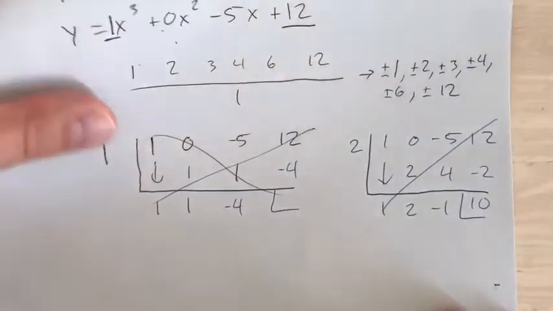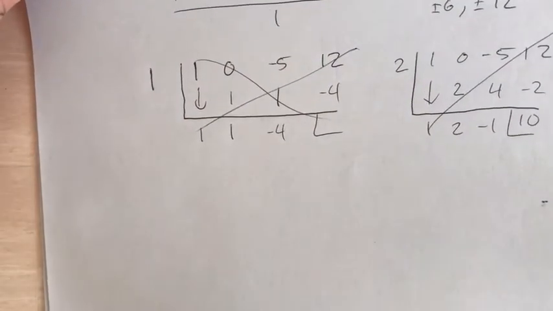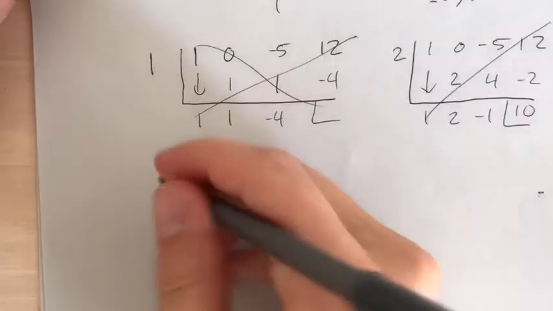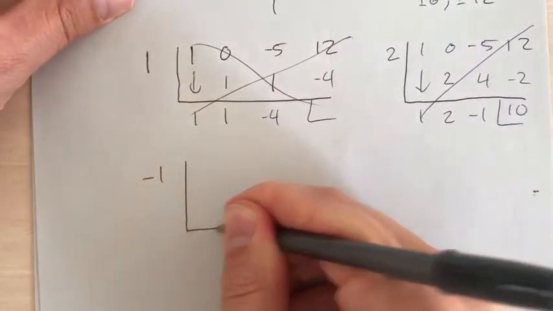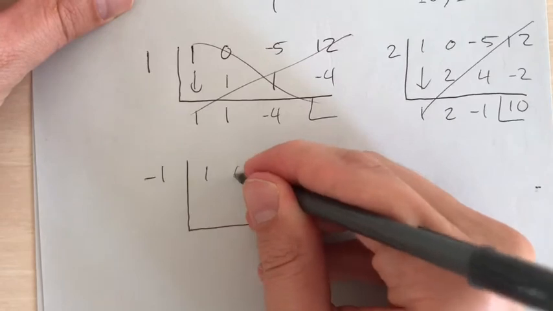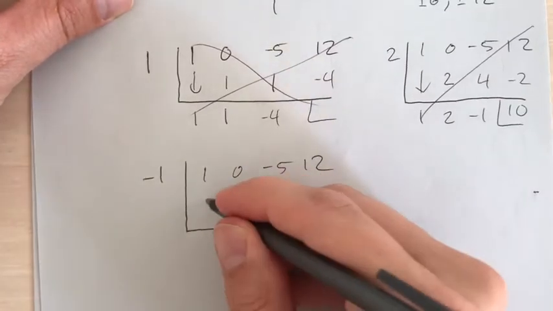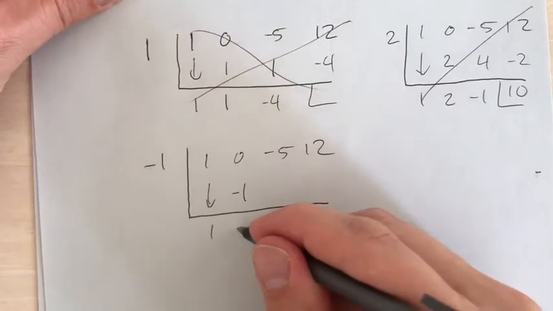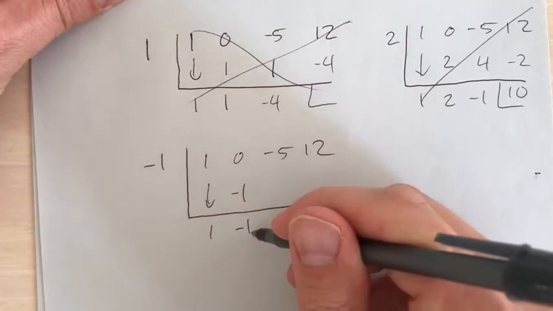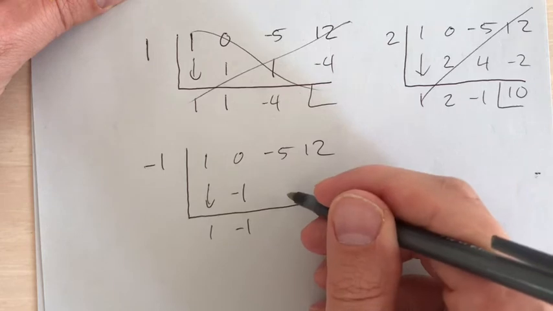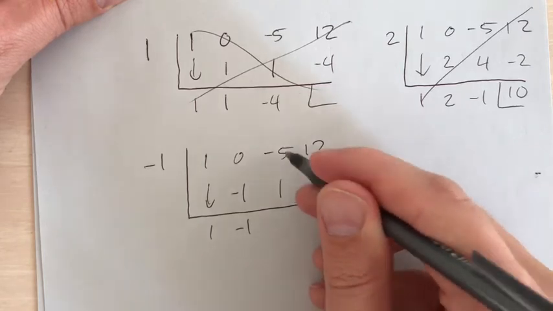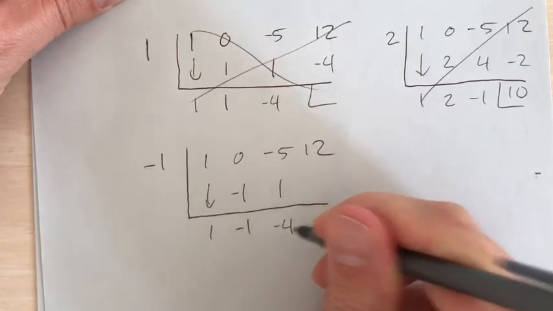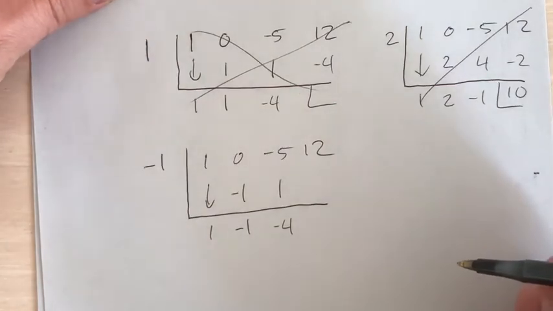All right, so let's try negative 1. I haven't tried that one yet. 1, 0, negative 5, 12. Drop that down, we get a 1. We get a negative 1 this time. 0 and that make negative 1. Negative 1 times negative 1 is 1, and that makes negative 4. That doesn't work either.